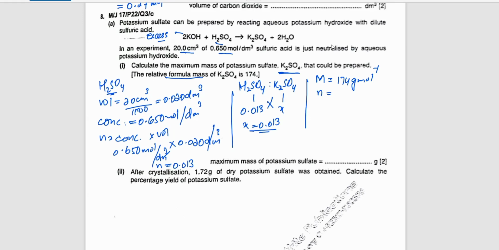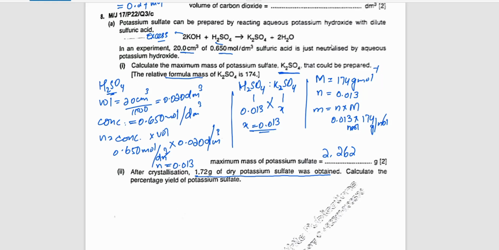Mass is equal to number of moles multiplied by the molar mass. 0.013 multiplied by 174. Moles cancel, and we will get the mass in gram. So 2.262 gram we will get.